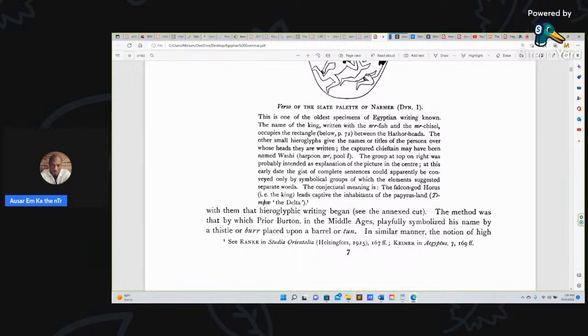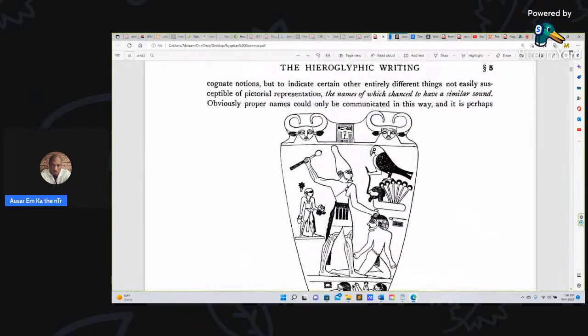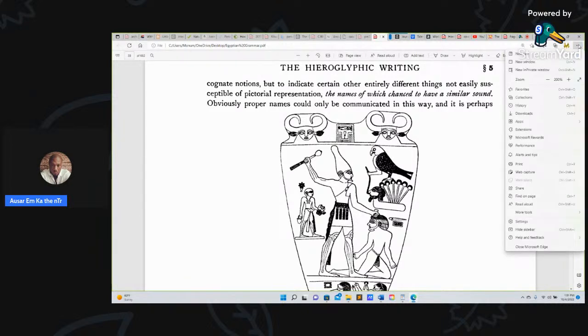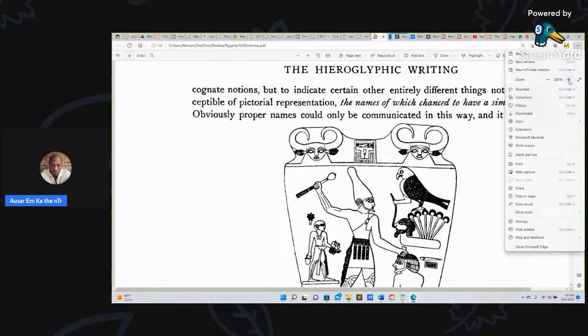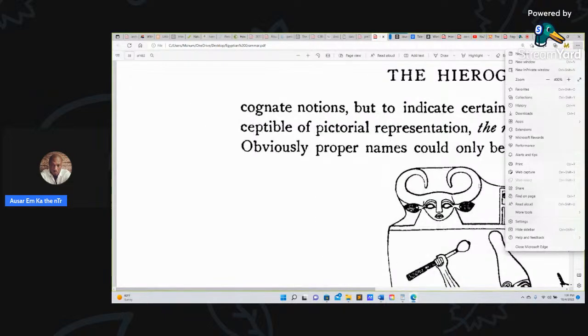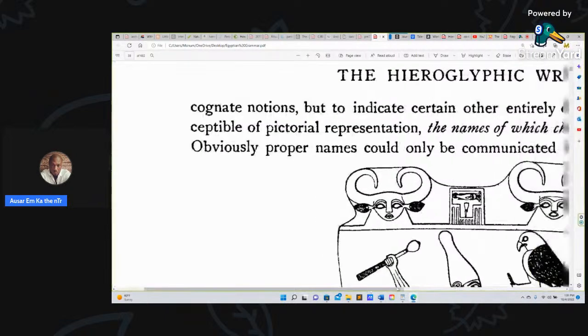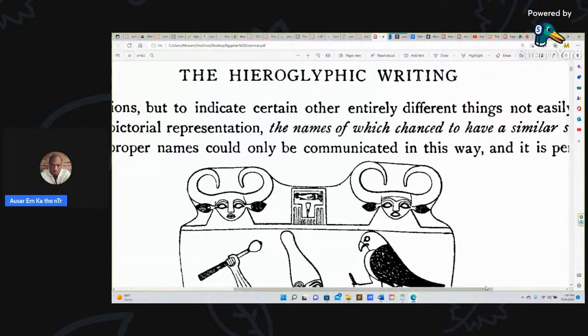Let's see if we see it. Let's zoom in to make sure we see it. I think we've got a winner. So here's the Nar fish. See its gills, see its fins.